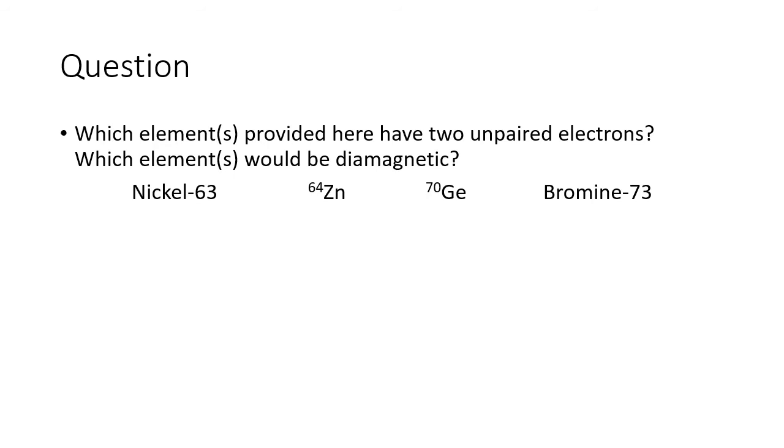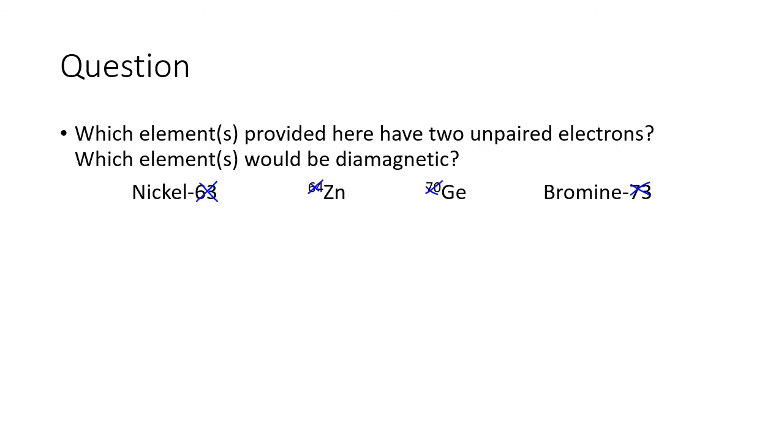One of the mistakes people make, especially on exams, is that they don't write down the orbital diagrams and they try to figure out whether there are unpaired electrons or whether something's diamagnetic, and it doesn't work very well. I will also point out that in this case, it says nickel 63, zinc 64, germanium 70, and bromine 73. The numbers after these are telling you something else besides electrons, and so those don't particularly matter to us.